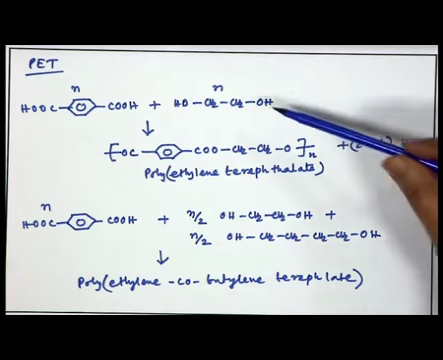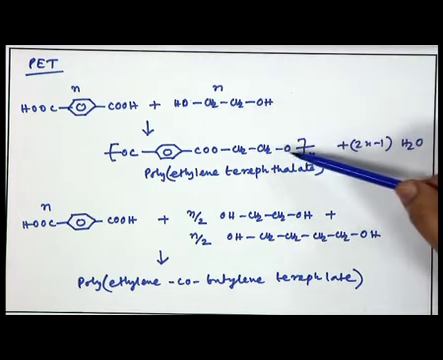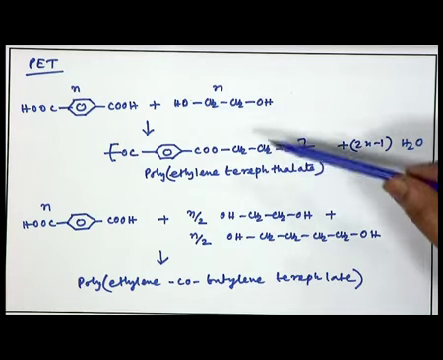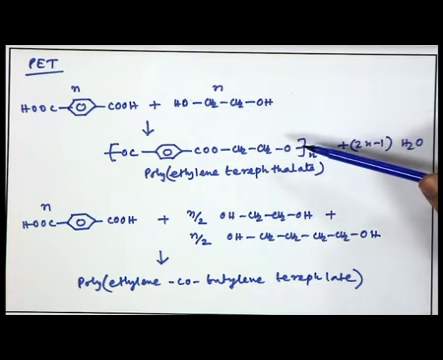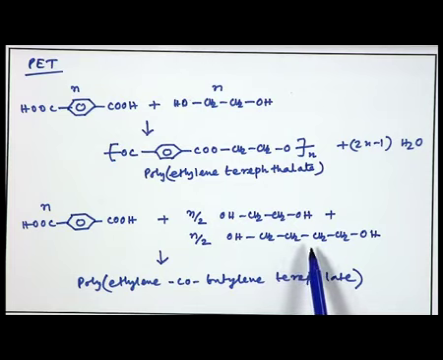For example, even though this polymer polyethylene terephthalate is made from two different monomers, this is a homopolymer, because you needed two different functionalities for making an ester, alcohol and acid. But within alcohol, if you had more than one alcohol, then we are making a copolymer.